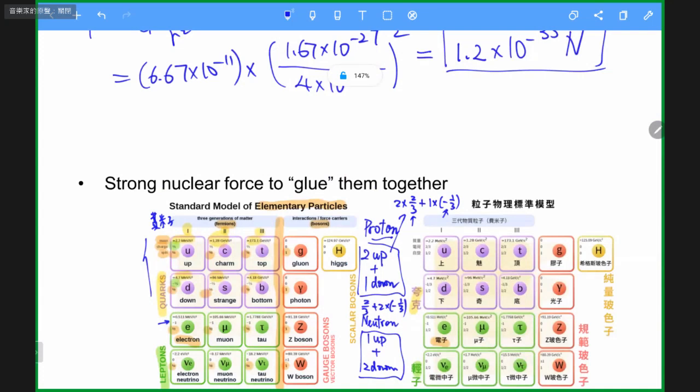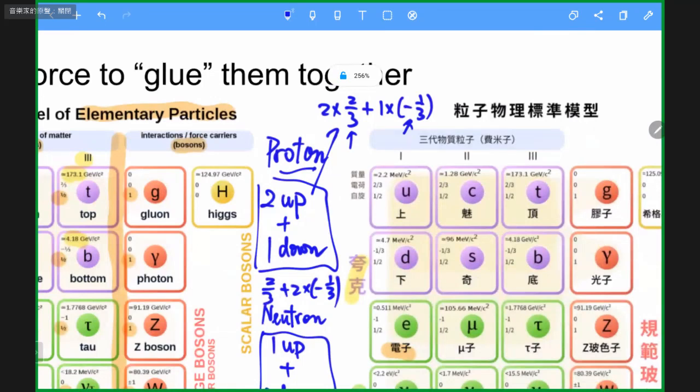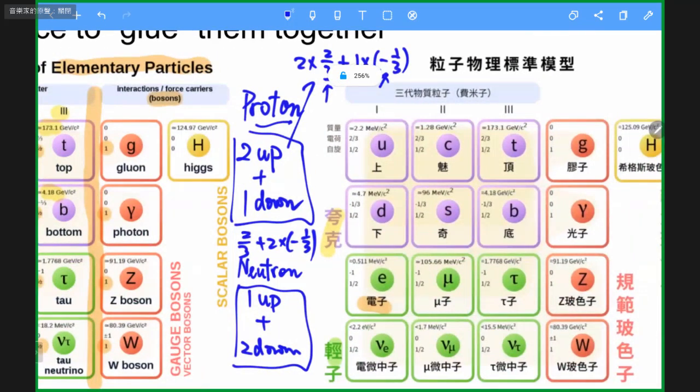So this is called leptons. And on the right side, we have something called the bosons, the gauge bosons. In the nucleus we have something called the gluon.